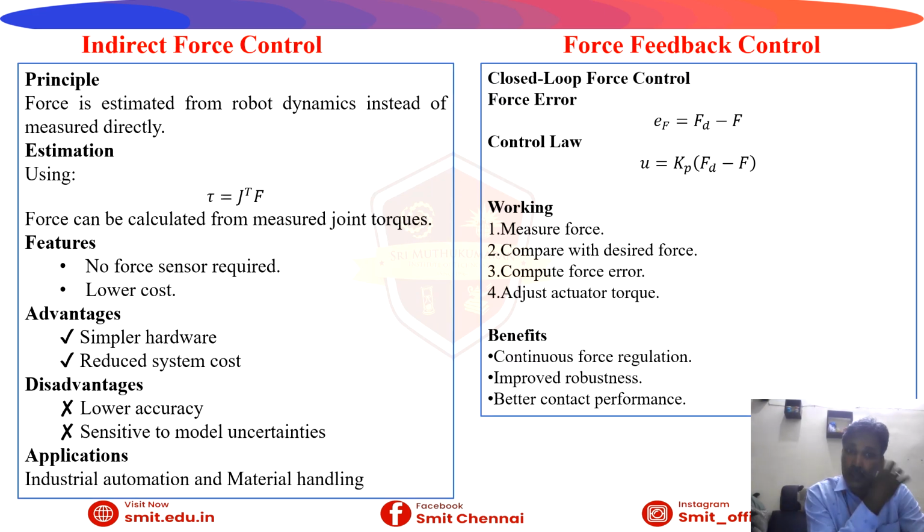Then we have indirect force control and force feedback control. Indirect force control, principle: force is estimated from robot dynamics instead of being measured directly. For estimation, tau equals Jacobian transpose times F, so F can be calculated from measured joint torques.